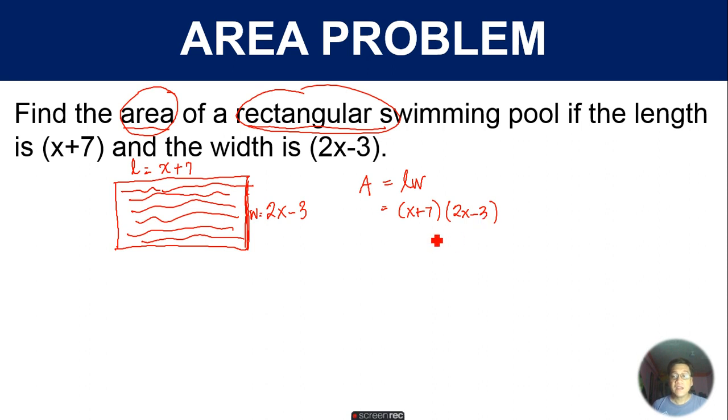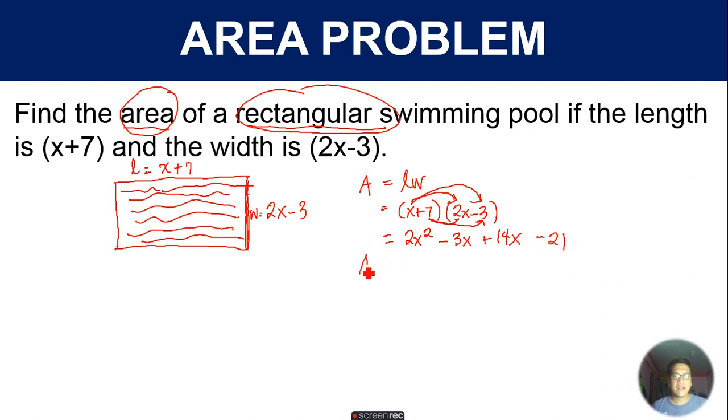Okay? So, simply, you're just going to apply the FOIL method or the distributive property. x times 2x is 2x squared and then x times negative 3 will be negative 3x. 7 times 2x will be plus 14x, and then 7 times negative 3 will be negative 21.